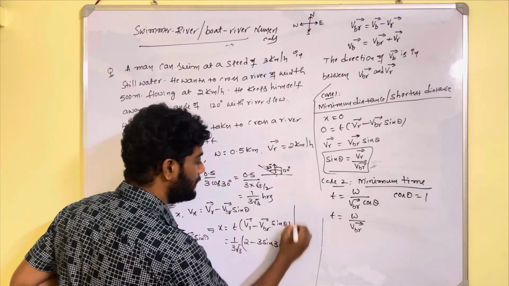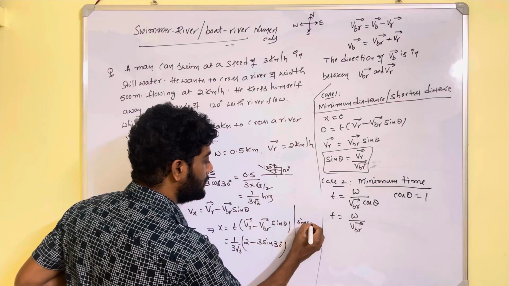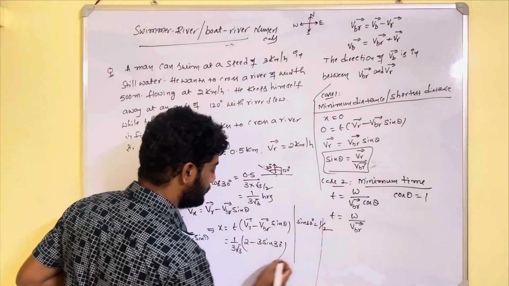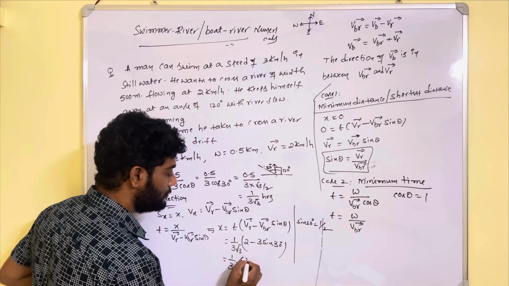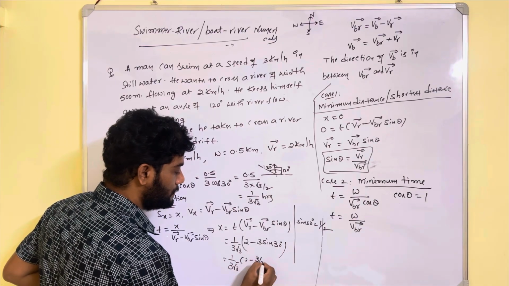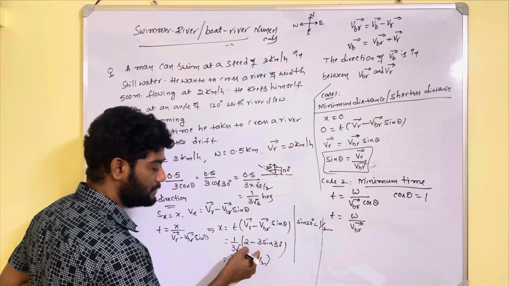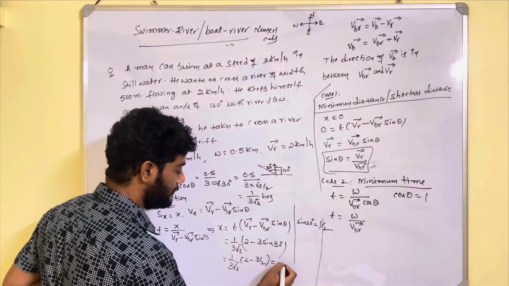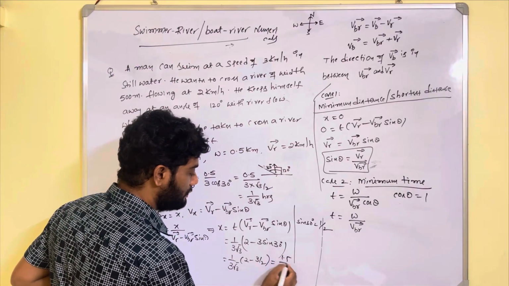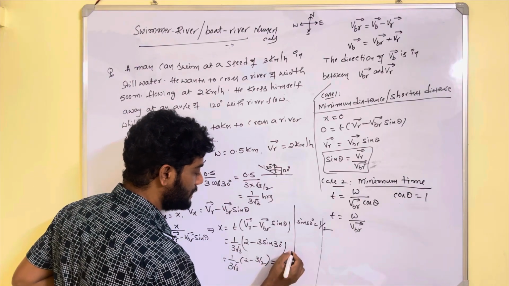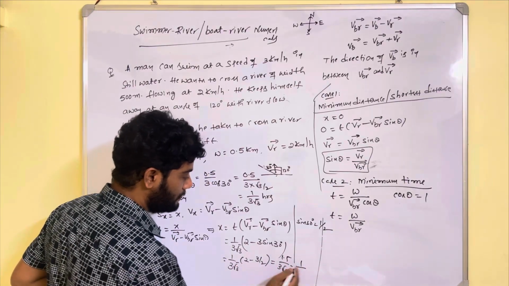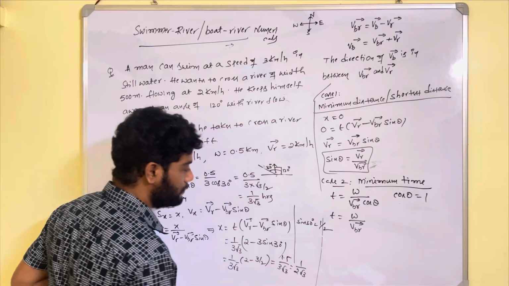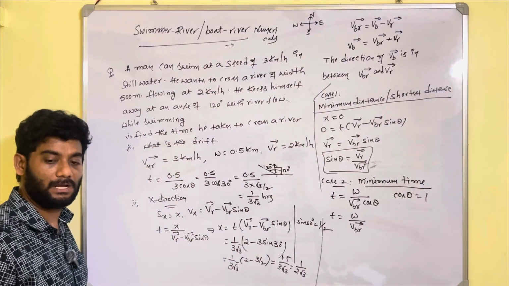Sin 30 value is 1 by 2. So 1 by 3 root 3 into 2 minus 3 by 2, which is 0.5, 1.5. So 1.5 by 3 root 3, which is 1 by 2 root 3.